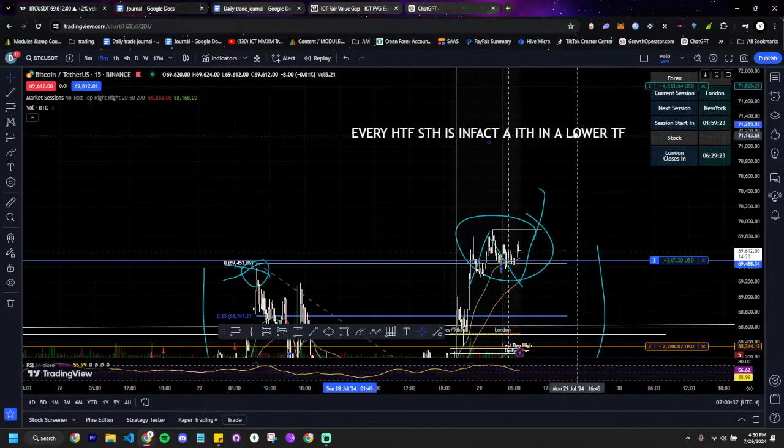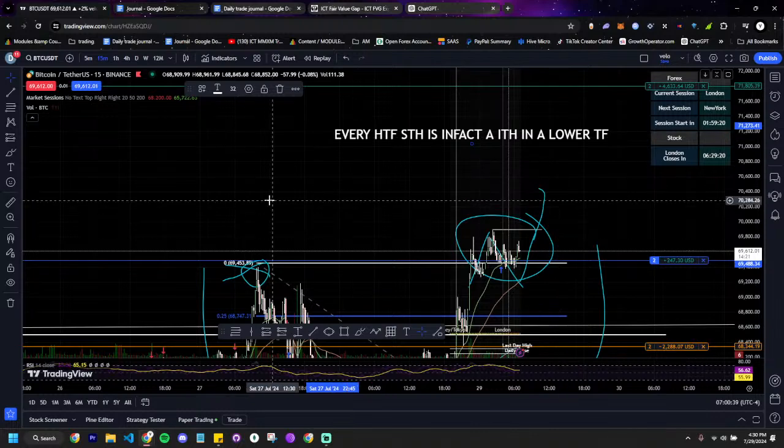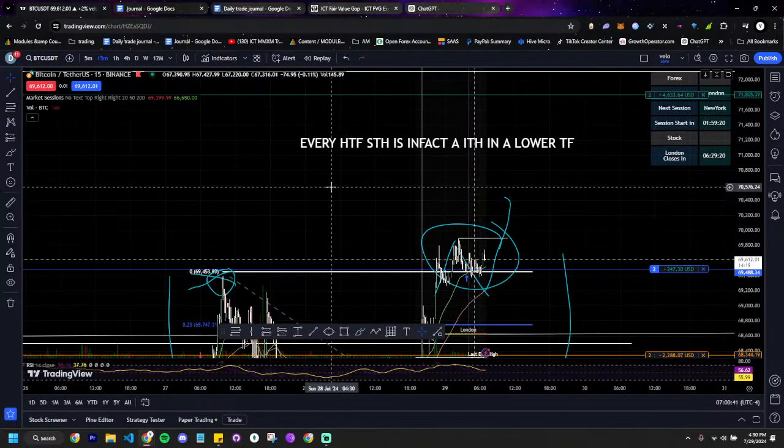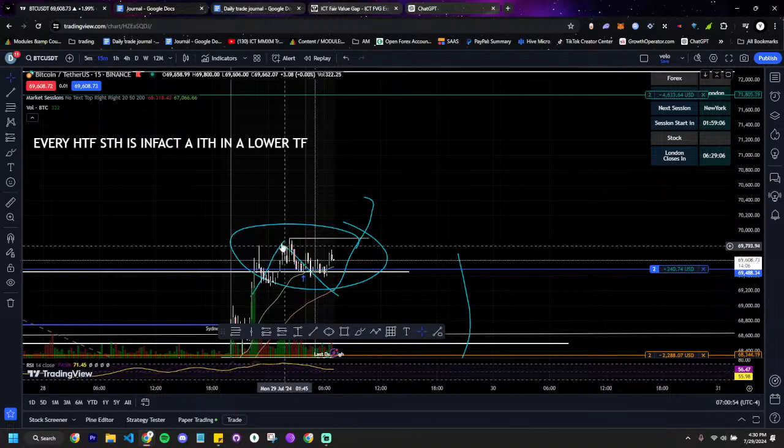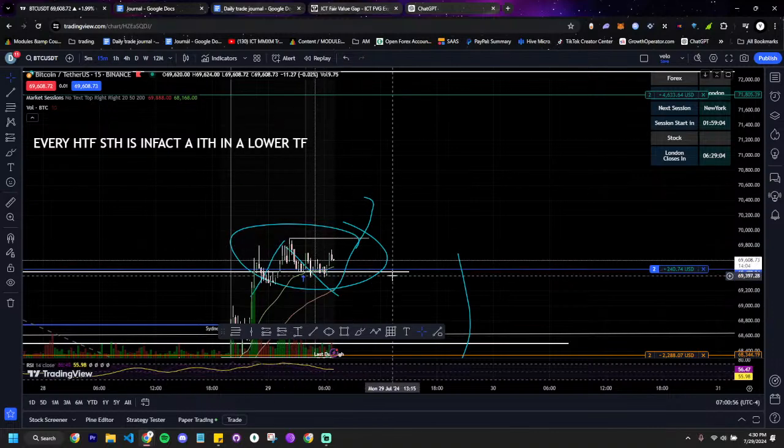So this is the theory that I'm really trying to understand, because time is essentially, what's the word for it? Parallax? No, I forgot the word for it, but whatever happens in the higher time frame, some smaller change in the higher time frame is actually a bigger change in the lower time frame, right?